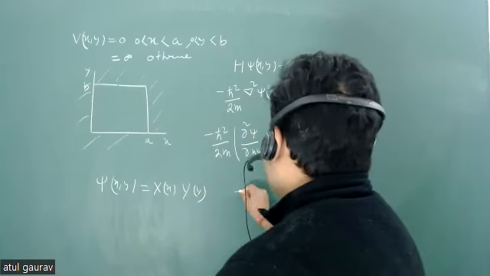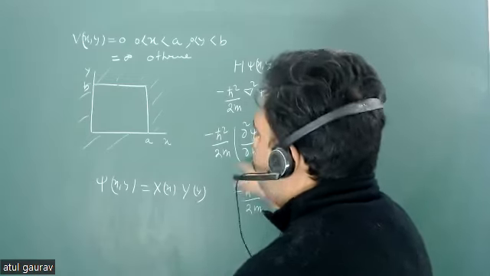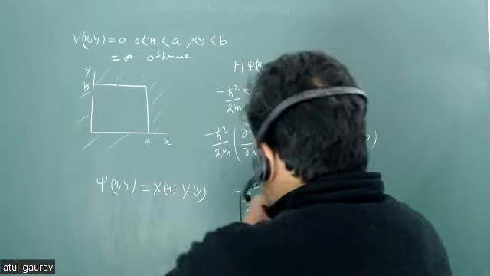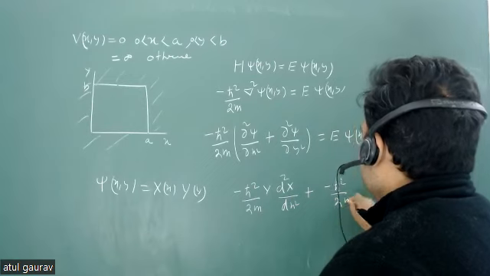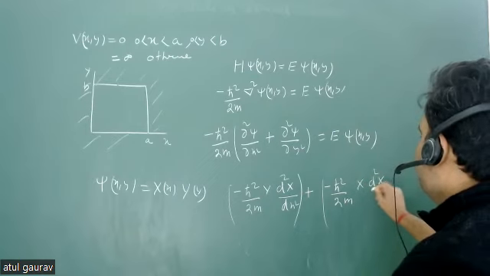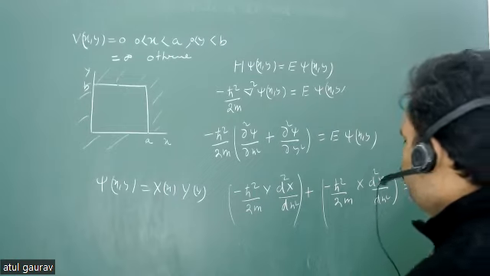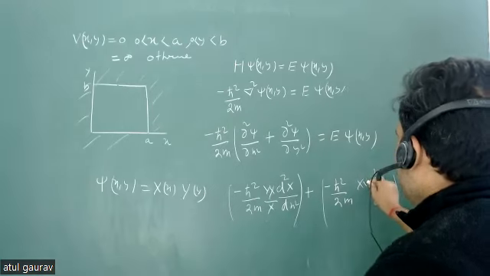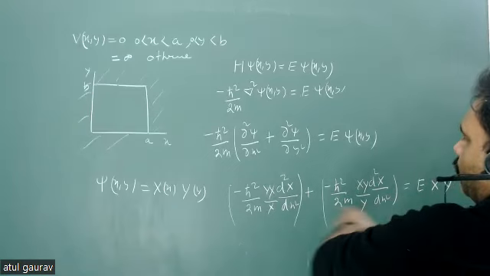So you can write minus ħ squared upon 2m, partial with respect to x, so y is constant, d squared X upon dx squared, plus again minus ħ squared upon 2m d squared Y upon dy squared, in brackets, and this value is equal to E X Y. What we will do is multiply by X and divide by X, multiply by Y and divide by Y, and equate the coefficients of XY on both sides.